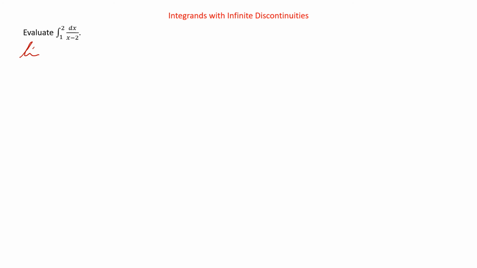So we're going to go limit as b goes to 2 from the negative side of 1 over x minus 2 dx. Antiderivative of 1 over something like that's going to be a natural log of the absolute value of x minus 2. The absolute values here are important.